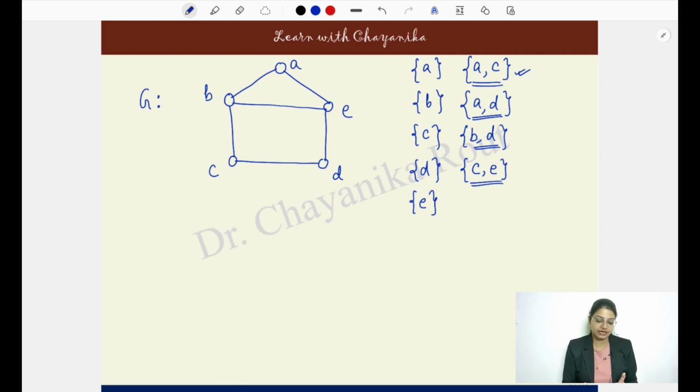BD also cannot be extended any further because I cannot include A with BD, since A is adjacent to B. Similarly, BD and CE also cannot be extended any further, keeping the set independent. So these are all the independent sets that we can have in this graph G.